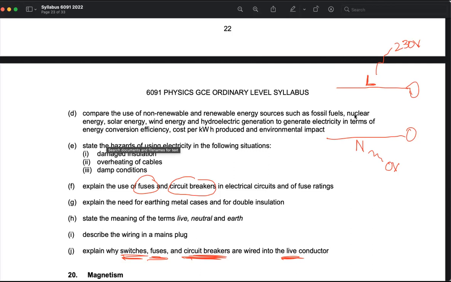Other than that, it is a very clean source of energy, just like solar energy, wind energy, hydro energy, or even geothermal energy or wave energy. All these energies are very clean. They don't produce greenhouse gases. So for nuclear energy, if you go and read about it, it is also a very clean energy, but you must know how to control it.